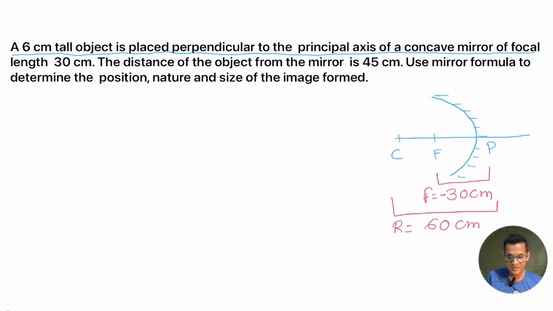And the problem is saying that the object is placed at 45 centimeters from the mirror, which means the object is placed somewhere between C and F. It's not very important to know this while solving the problem, but we are just trying to decode everything possible by reading the problem. That will make our job easier.